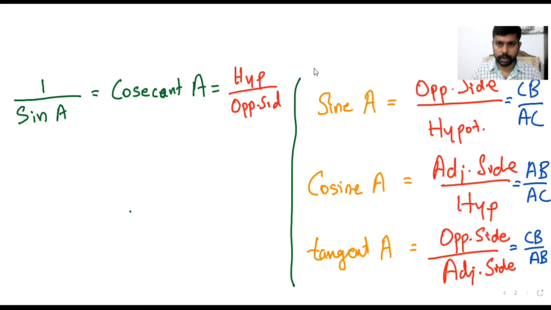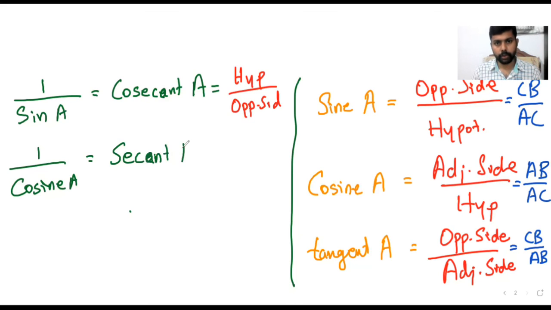In the same way we can consider the reciprocal of cosine A, that means 1 by cosine A. The reciprocal of cosine A is defined as the secant of A. Secant value of A is defined as hypotenuse divided by adjacent side.